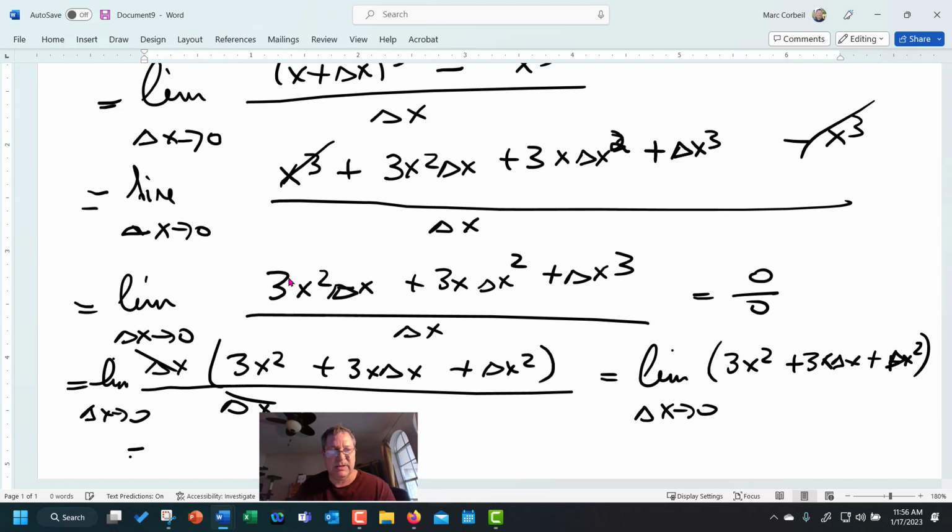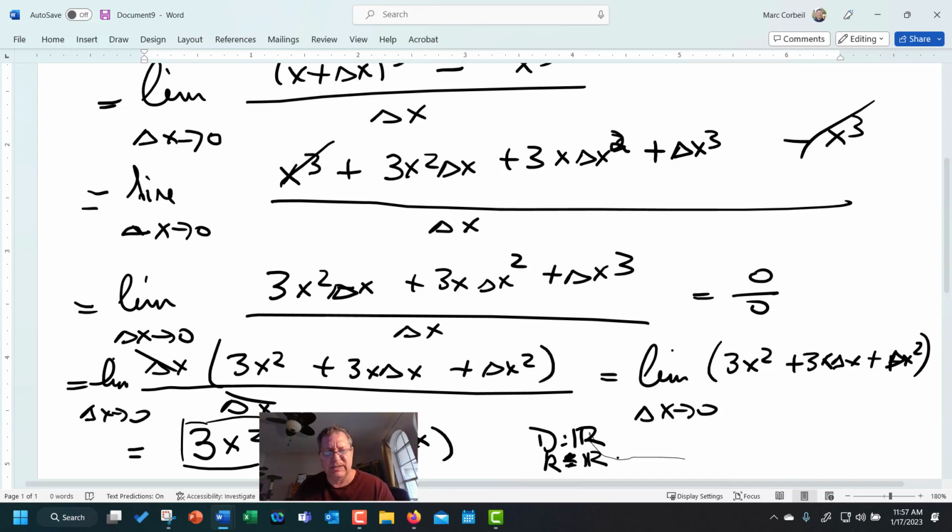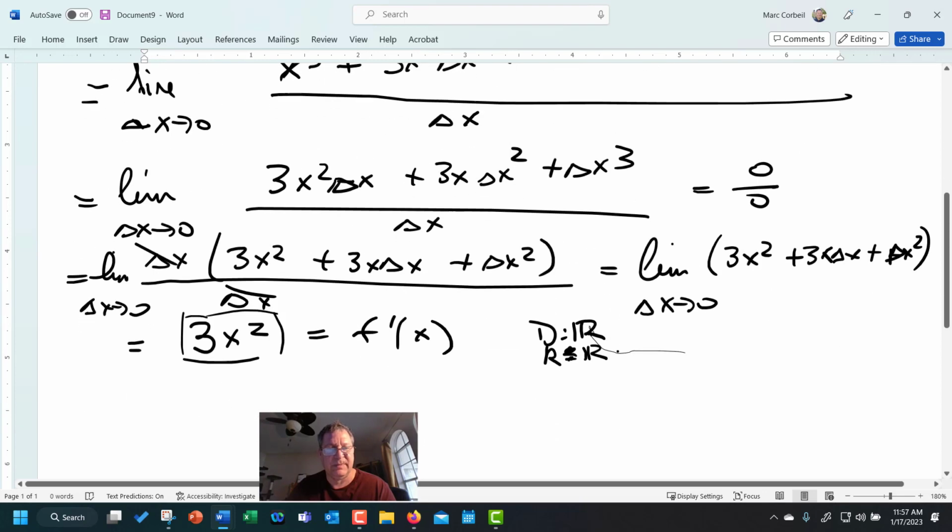Notice if I put 0 in there, do a direct substitution, the only part that's going to be left is 3x squared. So that is interesting. And notice we've got the derivative. This is f prime of x at any value. x cubed is a polynomial. The domain is real numbers, and the range is all real numbers. And notice the derivative is a quadratic, which also has a full domain, but it is going to have a restricted range. But that's the derivative.